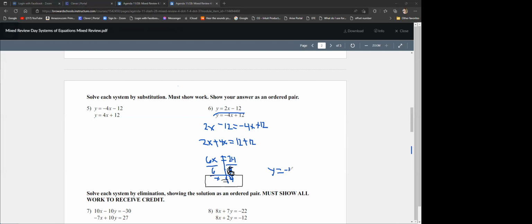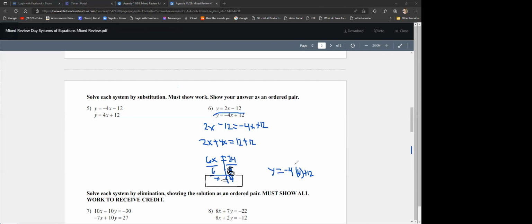Negative 4 times 4 plus 12. What's negative 4 times 4 plus 12?